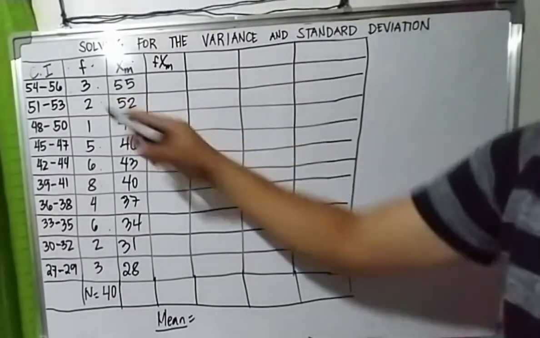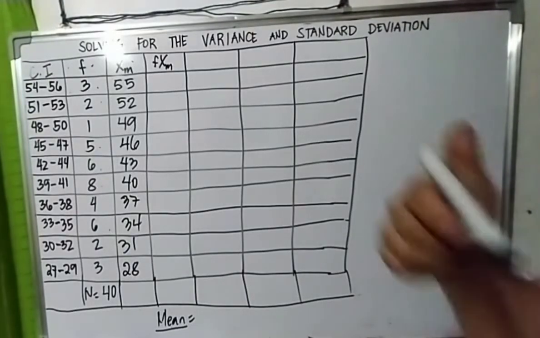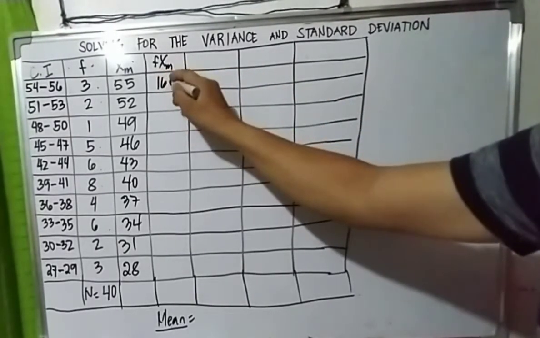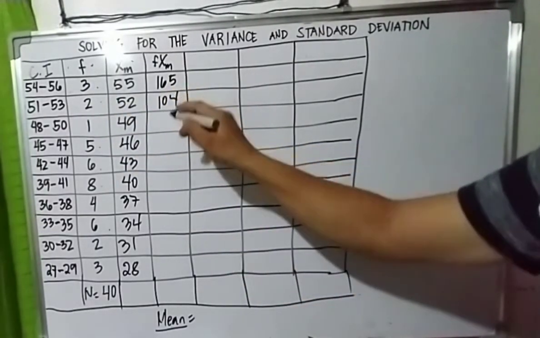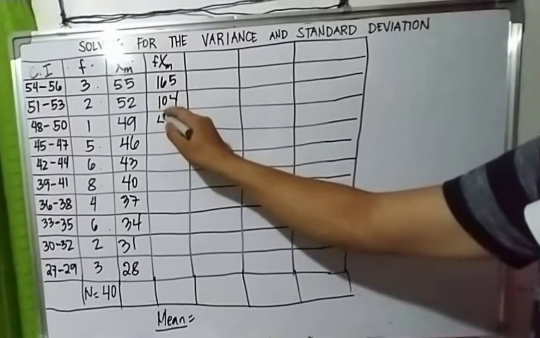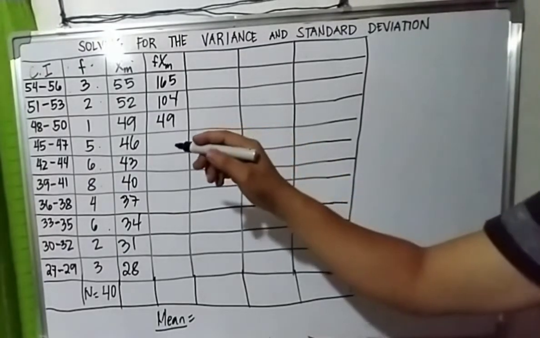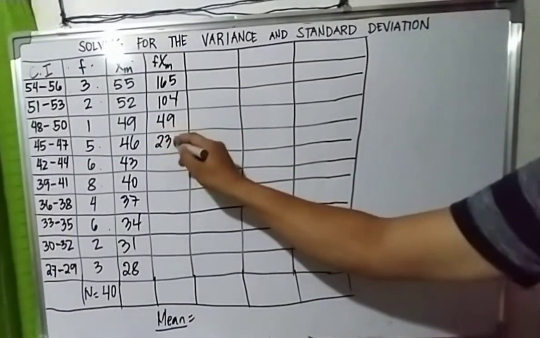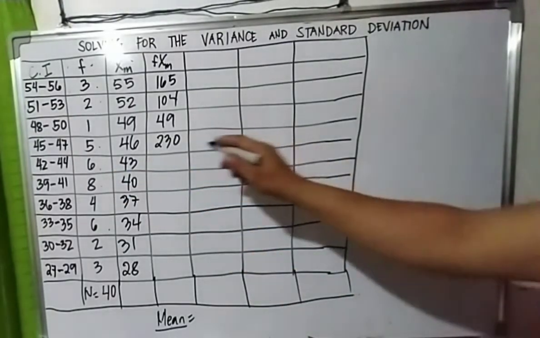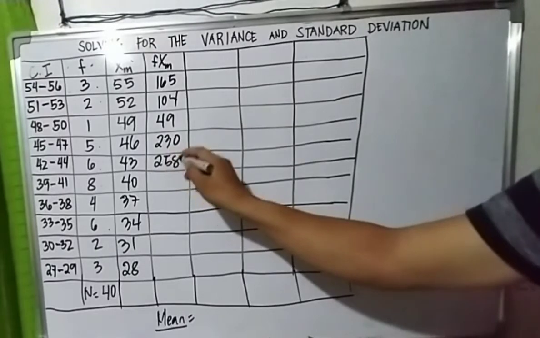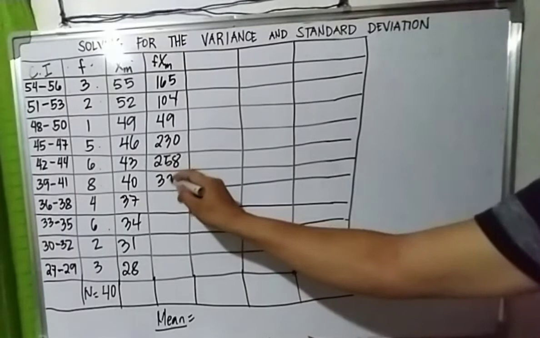So 55 times 3, that is 165. Then 2 times 52, that is 104. Then 1 times 49, that is 49. 5 times 46, that is 230. Then 6 times 43, that is 258. 8 times 40, that is 320.